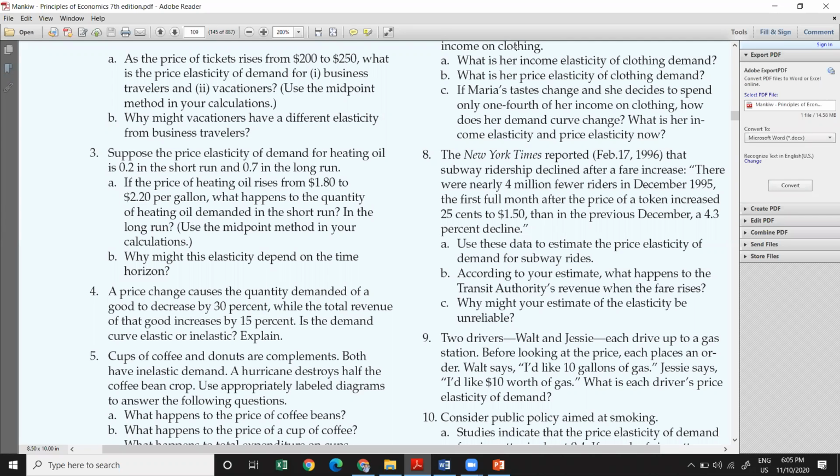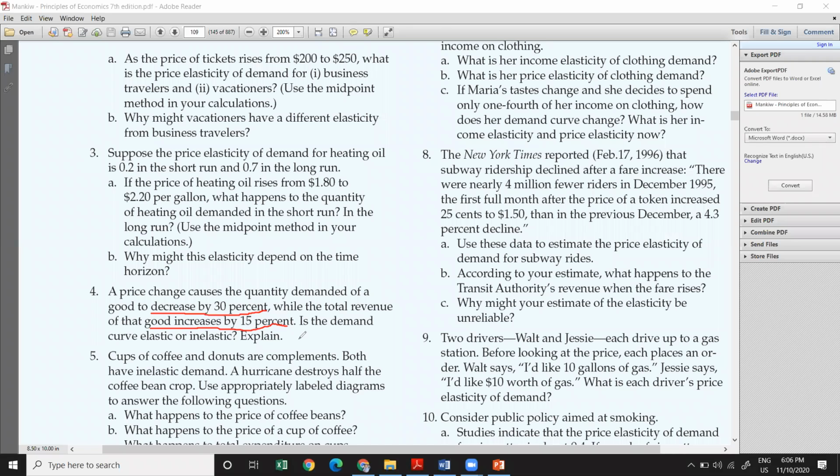As you can see here, there's a decrease in quantity, but it brings you an increase in the total revenue. If the quantity demanded falls, the price might have increased according to the law of demand. For a price increase to increase the total revenue, the percentage increase in the price must be greater than the percentage decline in the quantity demanded.